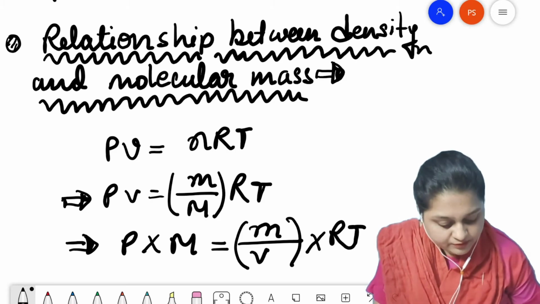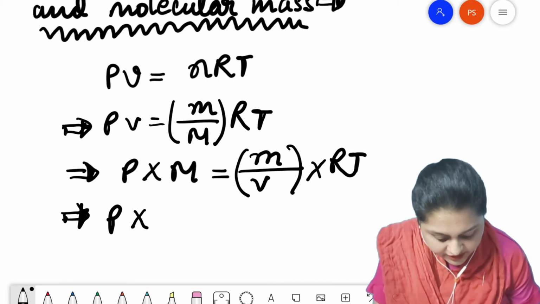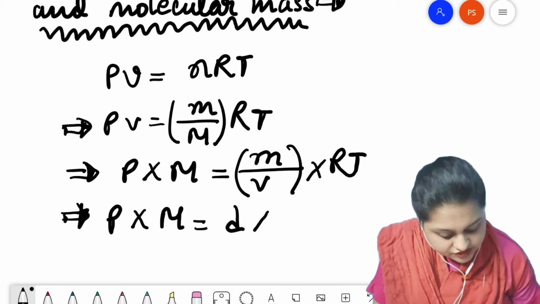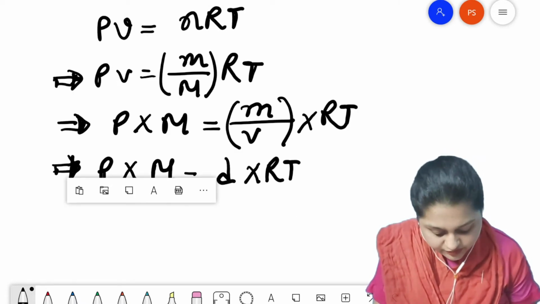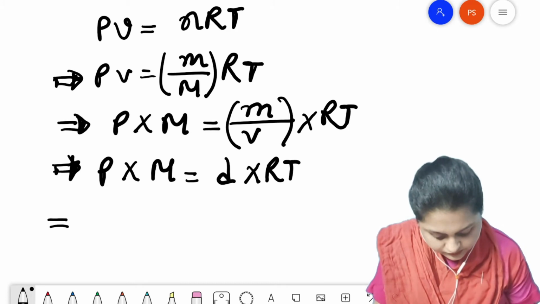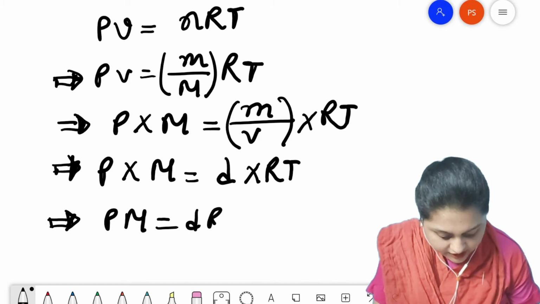Now, total mass by volume is nothing but the density of the gas. So it can be written as P into molecular mass M equals density of the gas d into RT. So the ideal gas equation can also be represented in this form: PM equals dRT.